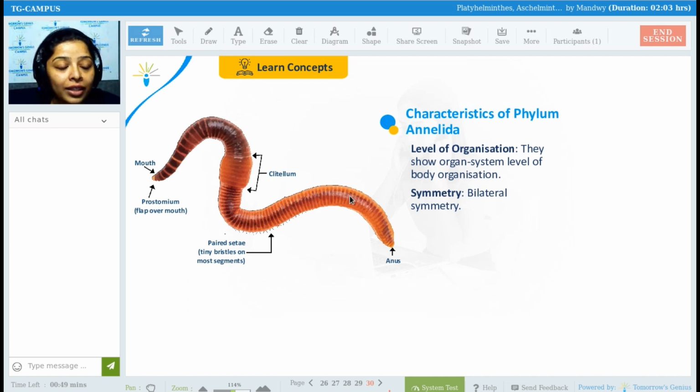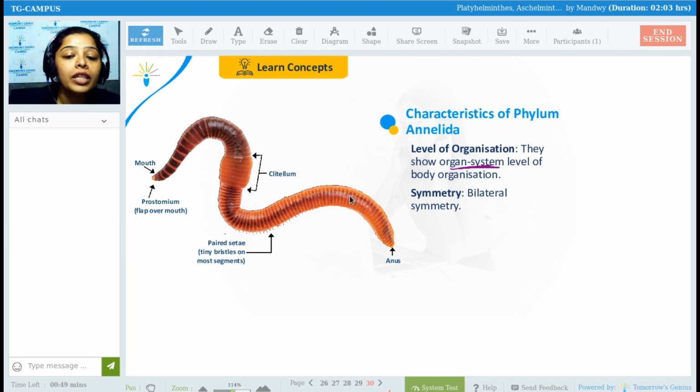Okay, Annelida have organ system level of organization. Platyhelminthes and Aschelminthes had organ level of organization, but from Annelida we are going to see organ system level, not organ.